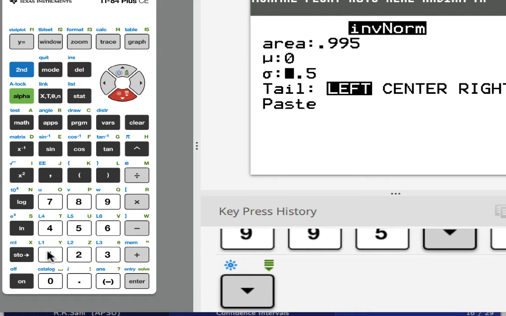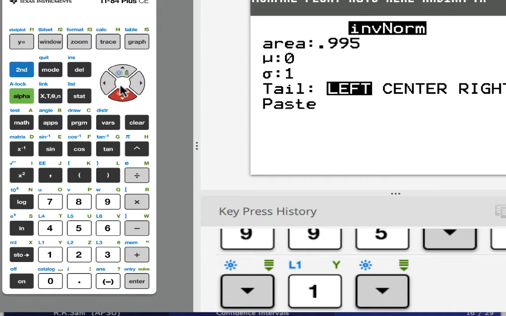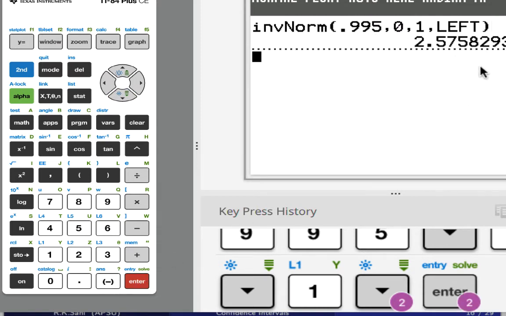The standard deviation, 1. The tail, now most of you may not have it. You just go to paste, but here I have a little latest version, so it gives me a left. So I just go to the paste, enter. I get 2.57. These are so 2.5758.